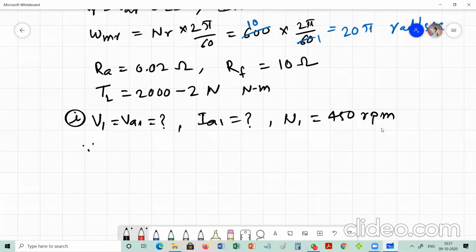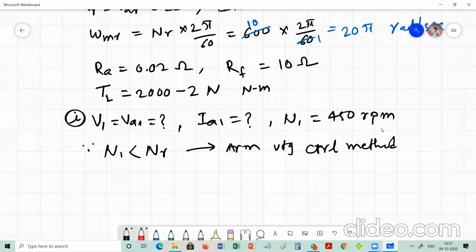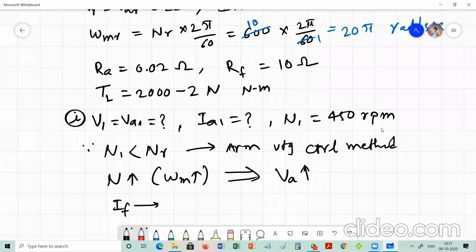We know that if the speed is less than rated speed, then it is an armature voltage control method. For armature voltage control method, to change the speed, or omega m, we have to change armature voltage V, and during this the field current IF will be unchanged or constant.